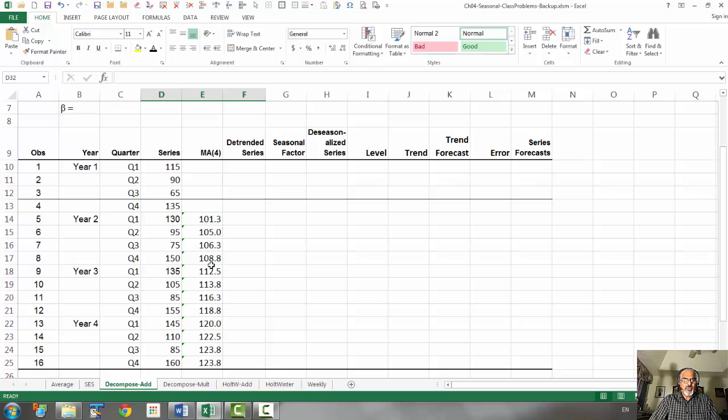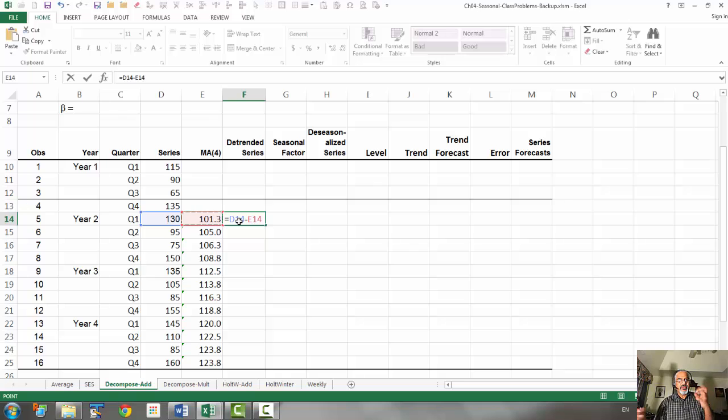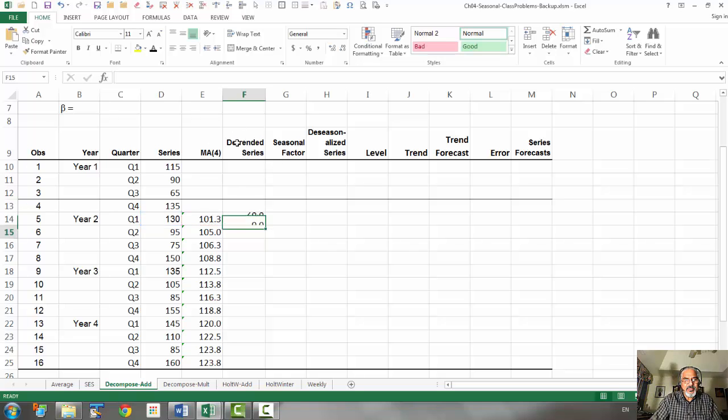Now these moving averages are the values of the time series where all the seasonal effects have been averaged out. So this only has trend in it in a sense. When we take the actual value and subtract that average value out of it, then what remains is only the seasonality. In other words, we have taken out the trend part. So that's why this is called the detrended series.